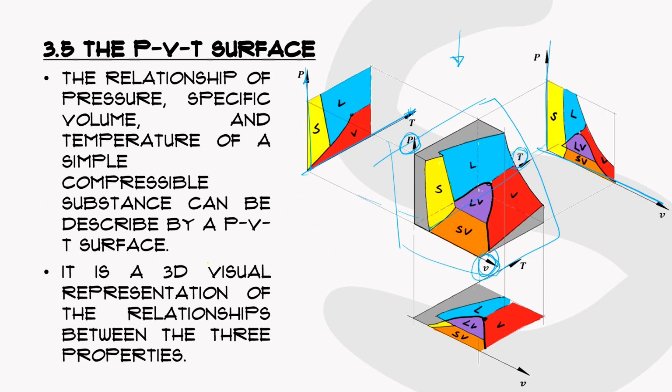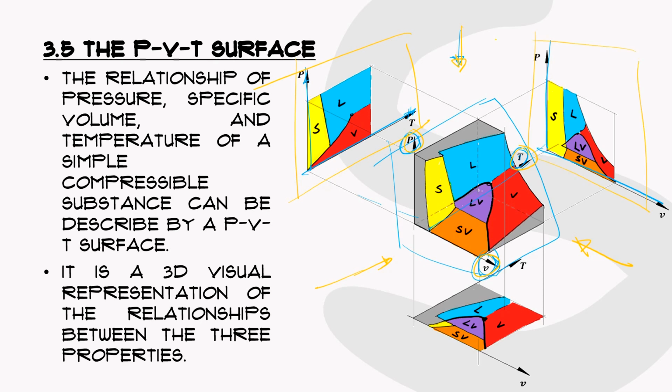And then we introduced the PVT surface. That surface represents the pressure, temperature, and volume of a substance. In this example, we used a substance that expands upon freezing, and this is the PVT surface. So we projected this surface from the side view, then the front view, and then the top view, and what we get are these specific diagrams.